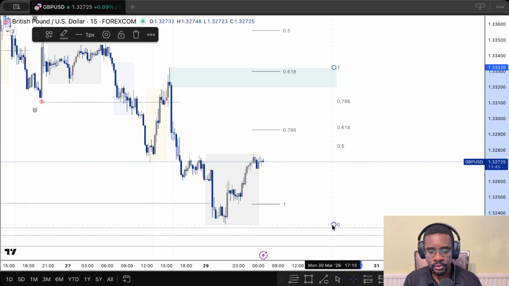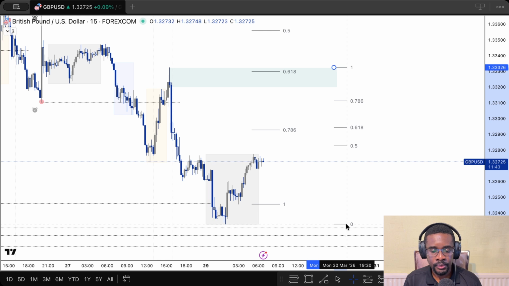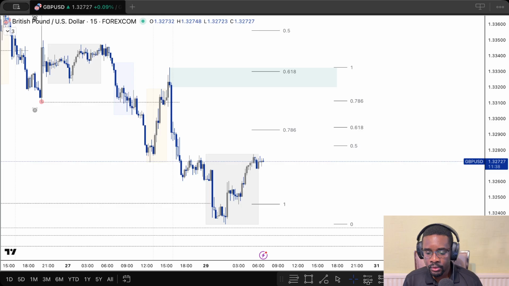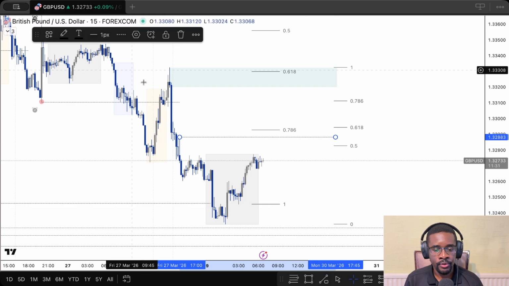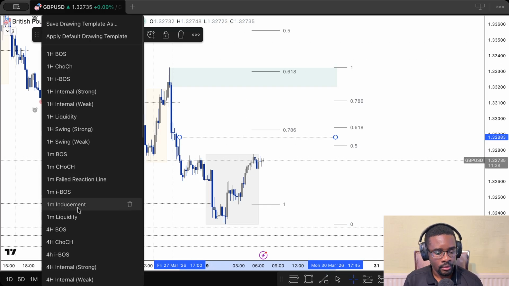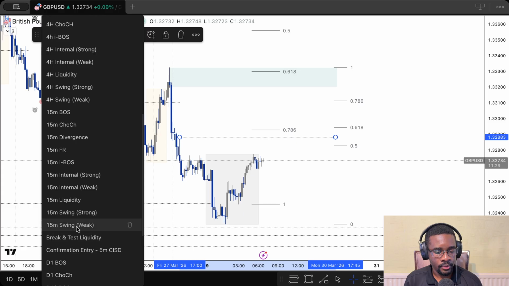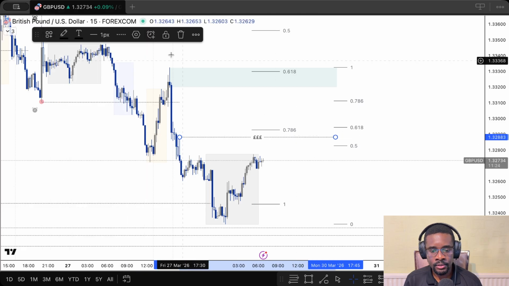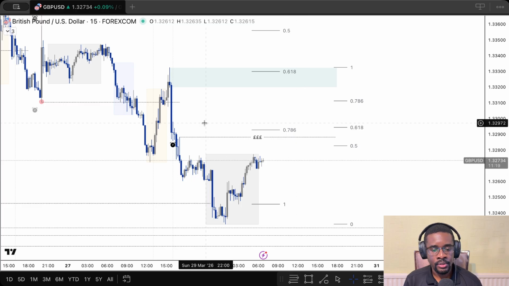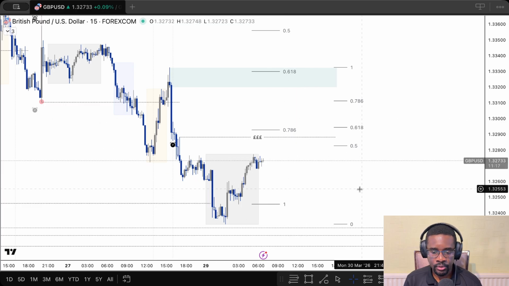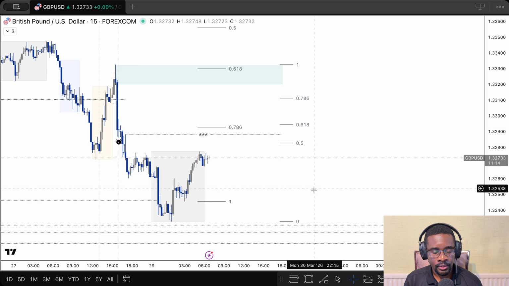And then I do have this high. So what I'm going to be expecting is for this high to be liquidated, to be swept, and then if this high is swept, then I can start to consider looking for shorts.